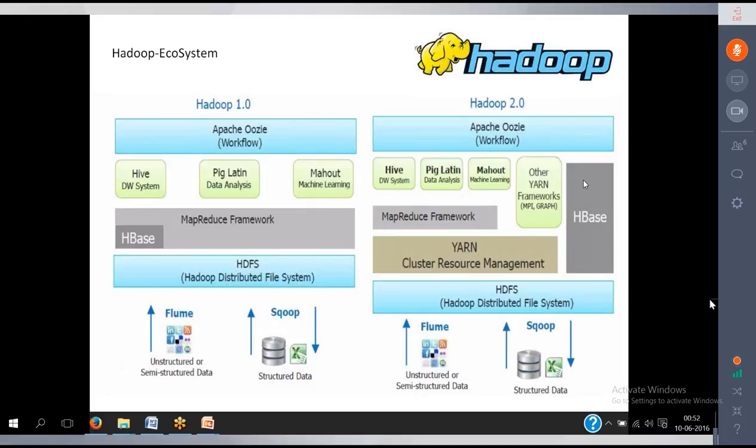I think CDH 5.7 has all the systems in there: Hive, Pig, YARN, HDFS, and I believe Oozie as well. Yeah. For the time being, Mohammed, can I make you presenter so that we can walk them through? Yeah, sure. Let me start up VirtualBox.